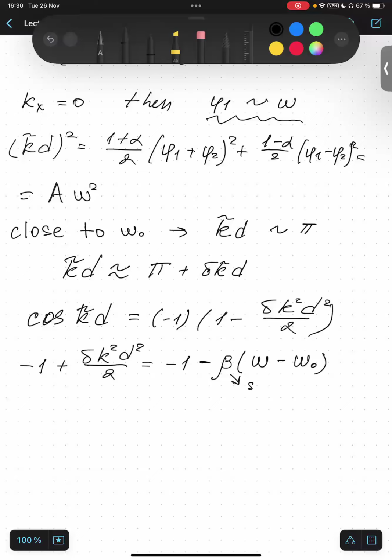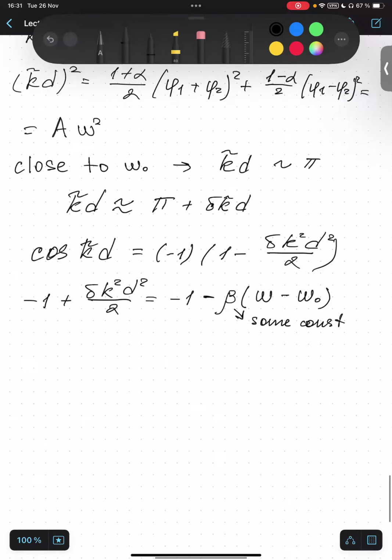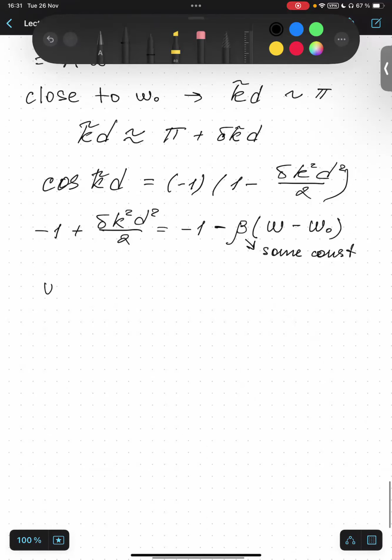This is just some constant that we are not interested in for now, because we just want to find some asymptotics. And so our omega in this case is something like omega 0 minus delta k squared d squared over 2 beta.